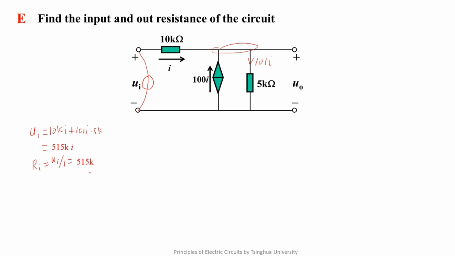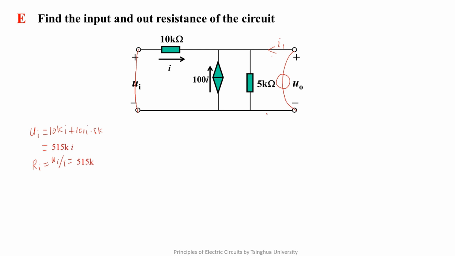Then we calculate its output resistance. The input voltage source should be deactivated, which means it's short. We short it, and we place a voltage source UO across the output terminals and calculate the resulting current I1 and their ratio.